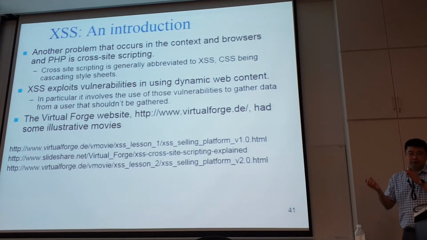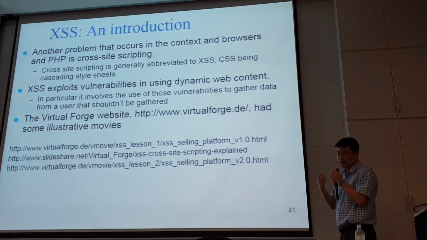But if the user browses this page which contains some malicious code, then the malicious code will be executed, and the code will steal the user credential like the cookie and send it to the attacker. Now the attacker can hijack this session.